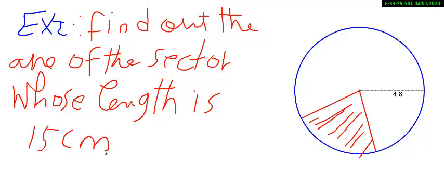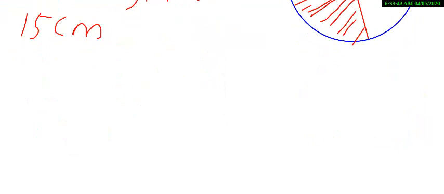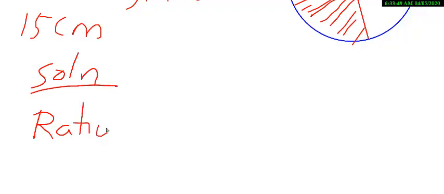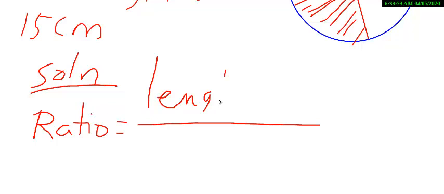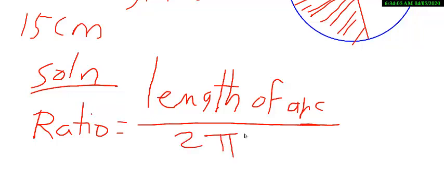As we said before, we need to find the ratio. So I'm going to move up a little bit, and the solution will be: the ratio of the sector equals the length of the arc over 2 pi r, 2 pi r only, I'm sorry.